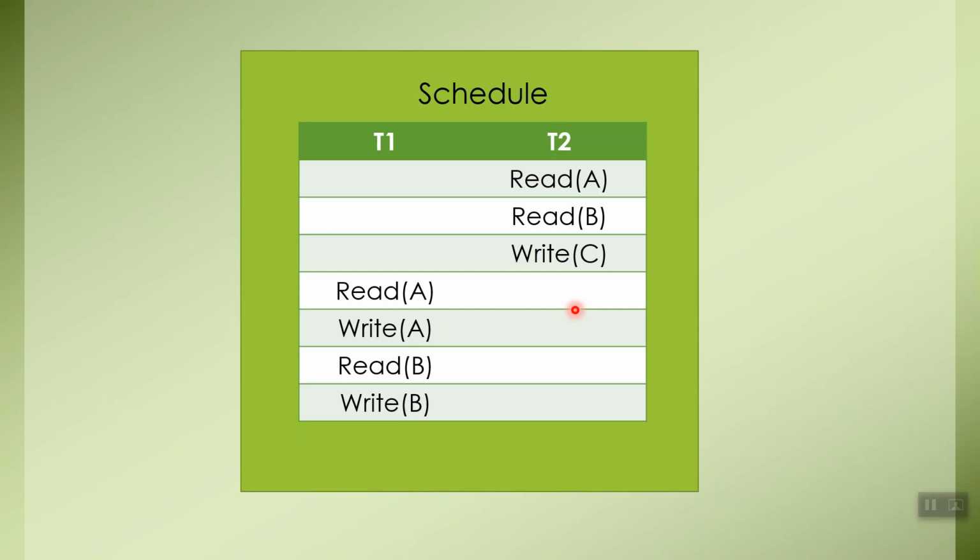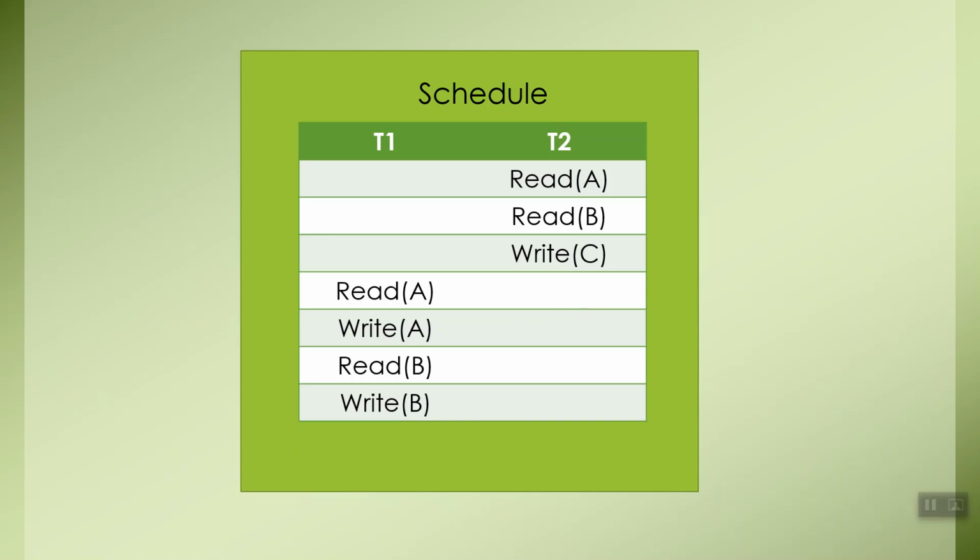However, no matter which serial schedule is chosen, serial execution never leaves the database in an inconsistent state. So every serial execution is considered correct, although different results may be produced. Okay, so this was all about serial schedules.